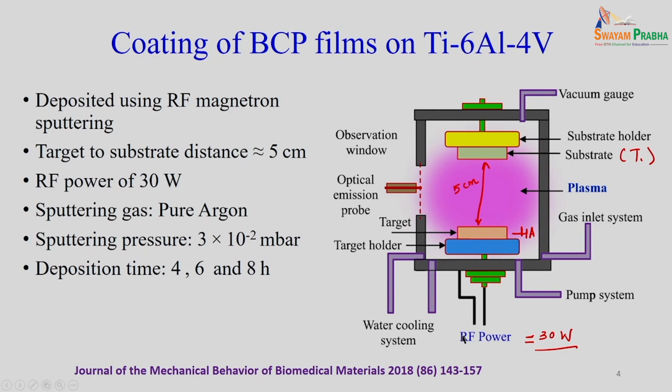So, once we apply the RF power, as you remember when we discussed the working principle of RF sputtering, the inert gas will form the plasma, and that plasma will act on the target, and the target will become part of the plasma, and it will get deposited on the substrate. So, the deposition time we varied as 4 hours, 6 hours and 8 hours.